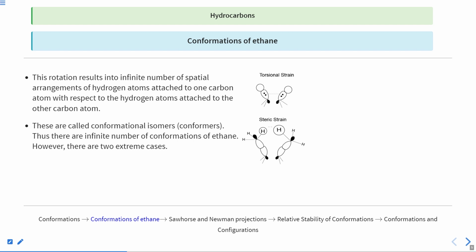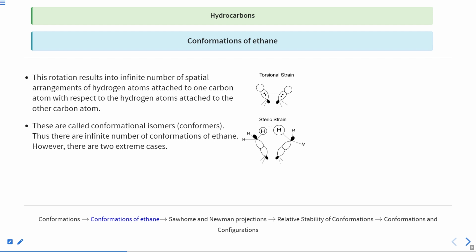Okay, you take it in this way. Here is one carbon, take another carbon, you connect them with a stick, you take two balls as atoms, and with each atom connect three hydrogen atoms and one stick in between these two. Now you keep one of the atoms fixed and try to rotate the other, then you will see that a number of relative arrangements are possible.